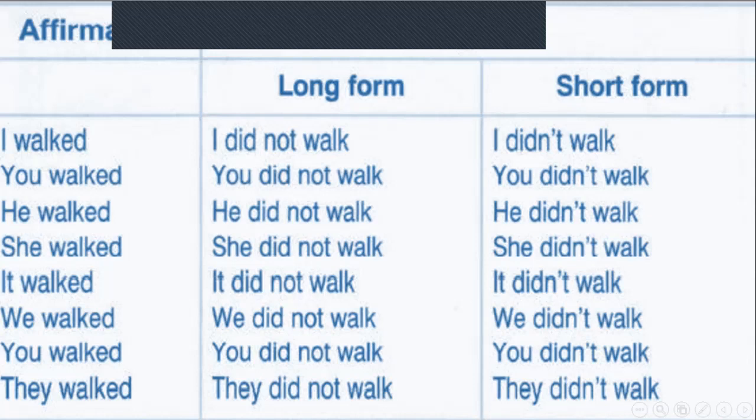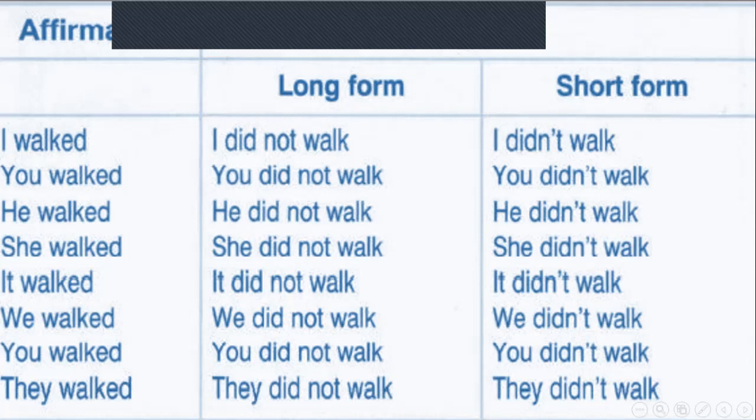Take care here, my students. In affirmative sentence, we use the verb in the past. We add ed, okay? But in the negative sentence, we use didn't or did not plus infinitive. Look here at verb walk without ed. Why?